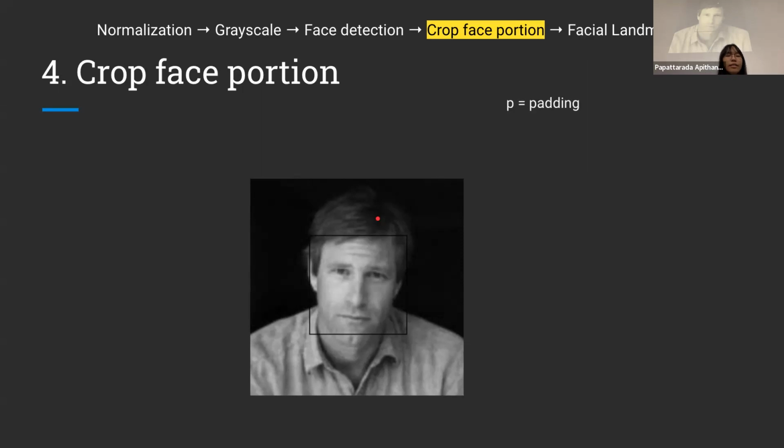The ideal case is, let's say I have a padding called P, what we want to crop is this particular red rectangle, where P is the padding. The gap here is the padding P. You see, there's P all around. So the red rectangle is what we want to crop.